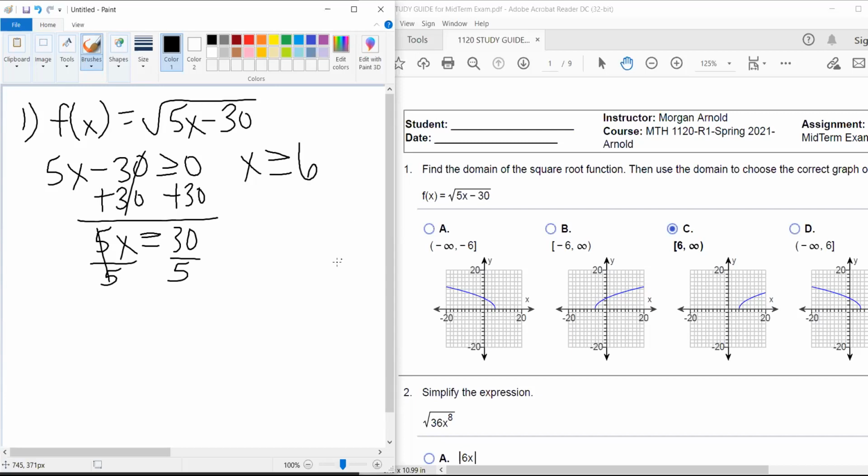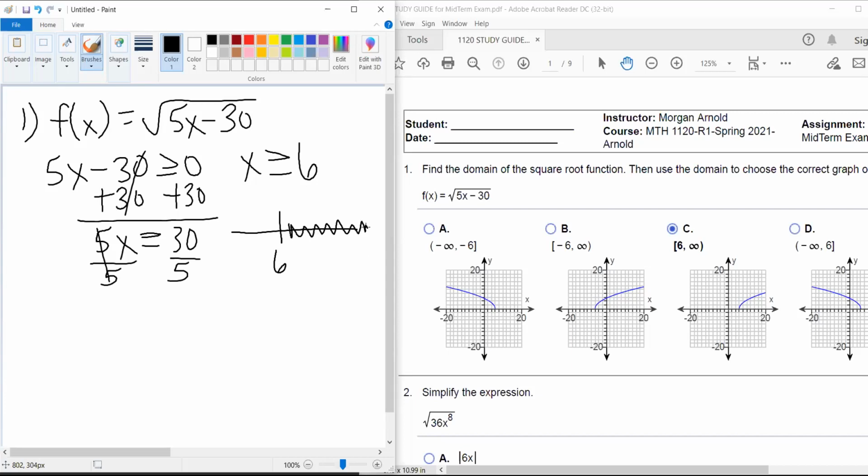So we get x is greater than or equal to positive 6. Now, on the number line, that means everything greater than 6 or equal to 6. So that's everything shaded in this direction.